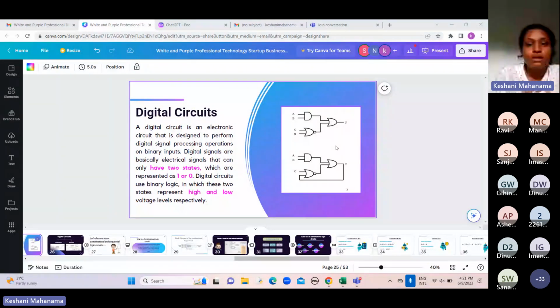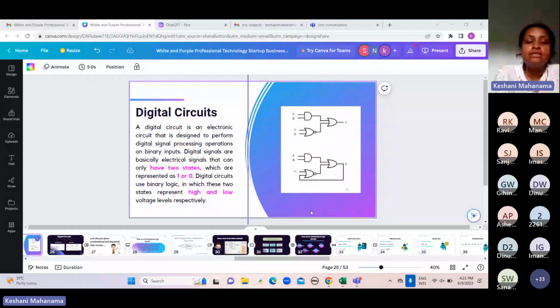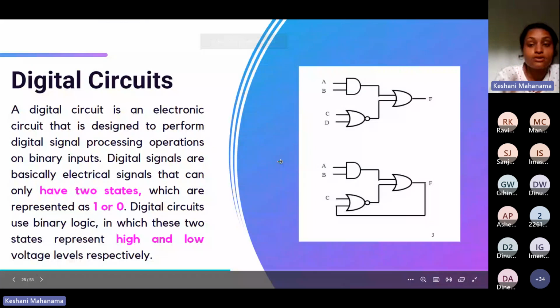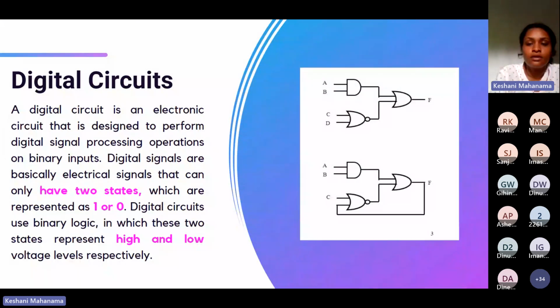Digital signals are electrical signals that can have only two states, like ones and zeros, or high and low.